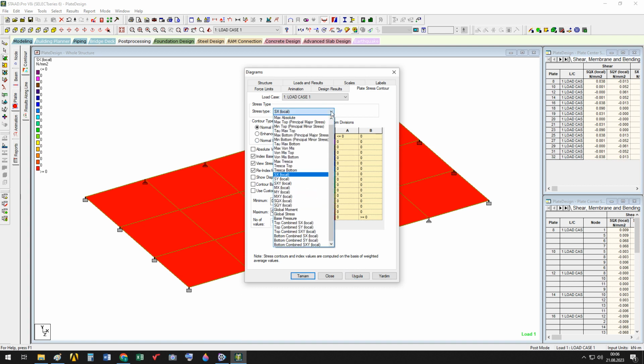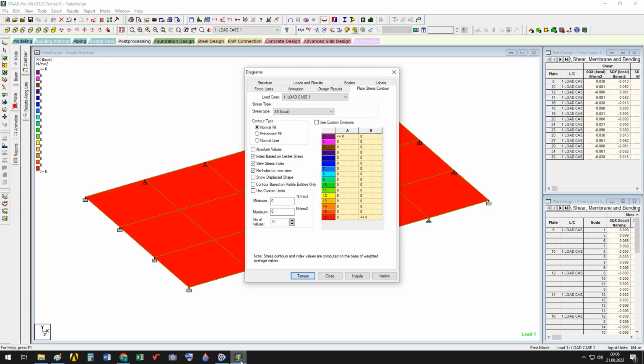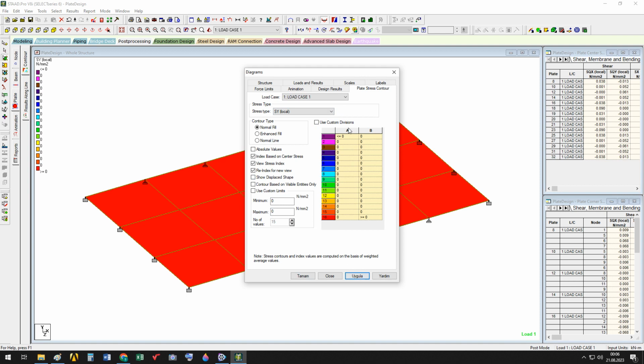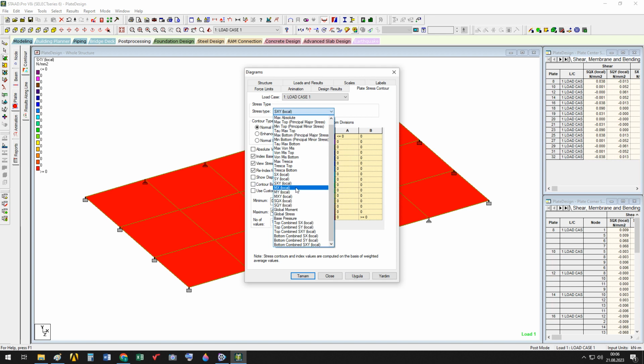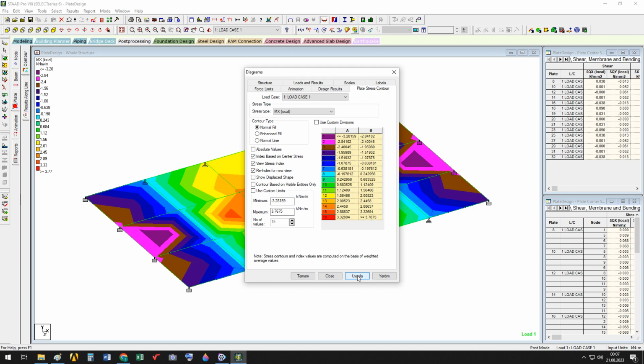Those stresses are provided in terms of local plate axes. You know, local axes are in the plane x, y axes, and perpendicular to the plate plane, we have the local z axis. And those internal forces are always provided by the program in terms of local axes. Fy is 0, Sxy is 0, Mx bending moment is non-zero.